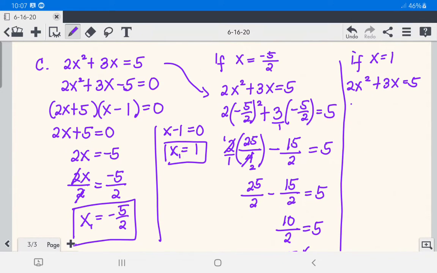So we have 2 times 1 squared plus 3 times 1 equals 5. So 1 squared, that is 1, times 2, we have 2, plus 3 times 1, that is 3, then equals 5. 2 plus 3, we have 5, equals 5. Check.